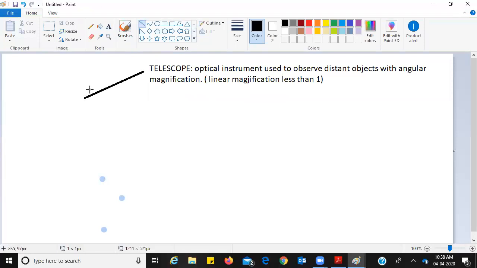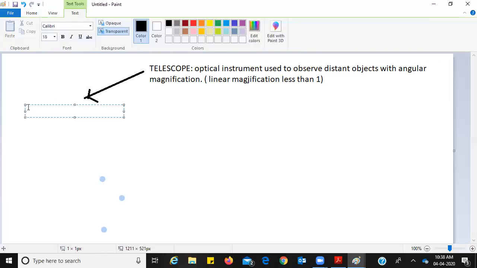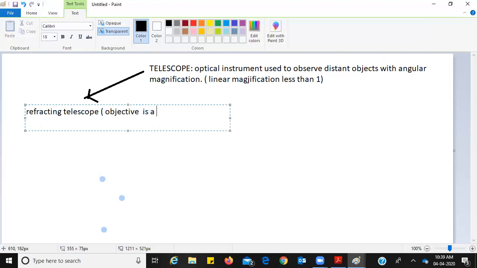Now for telescopes, we have classifications. One classification is refracting and reflecting, where they use a lens or a mirror. In a refracting telescope, the objective is a convex lens. In a reflecting telescope, the objective is a concave mirror, because a convex mirror never forms a magnified image.